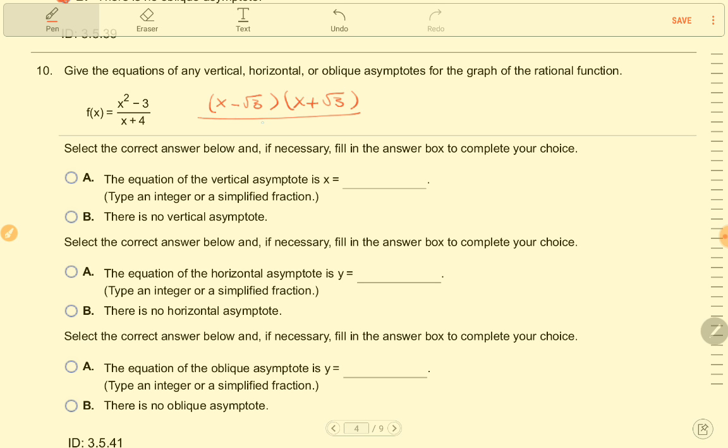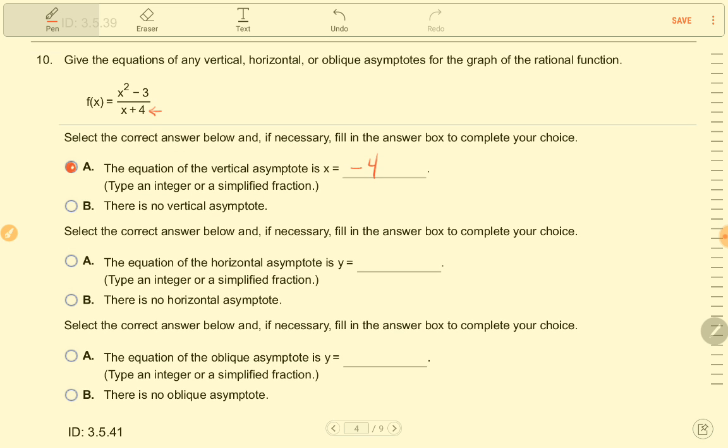But that would not help me cancel anything out, so I'm not going to do that. And looking at the denominator, I can't let x be negative 4. So there's a vertical asymptote at x equals negative 4.